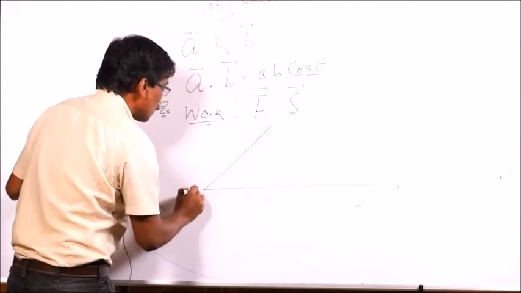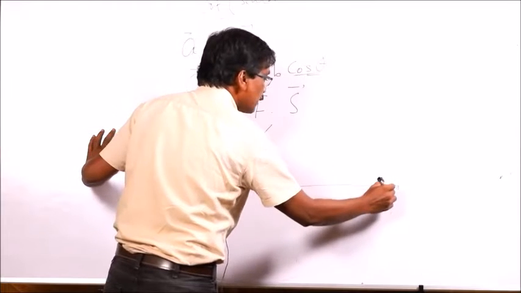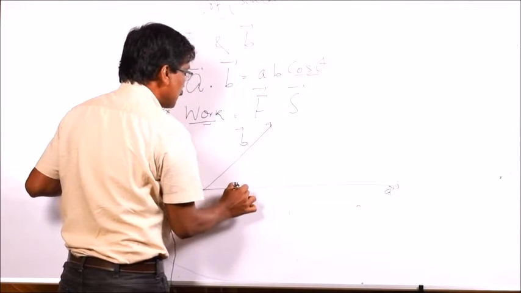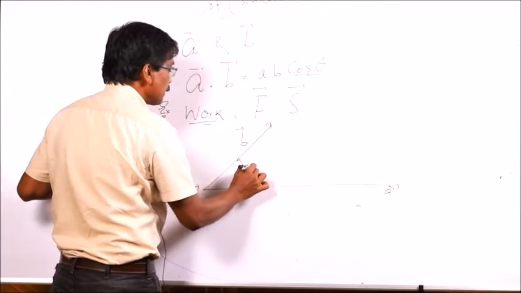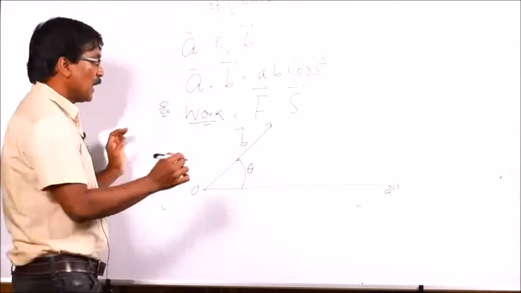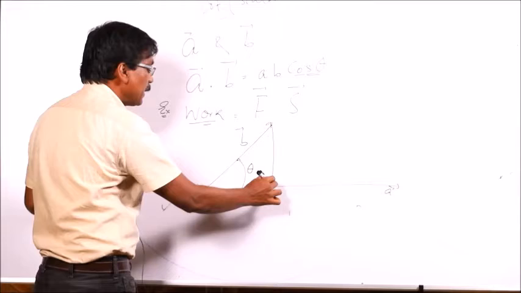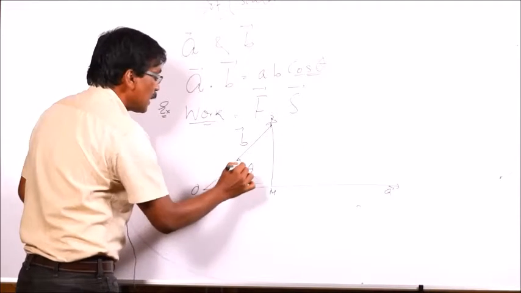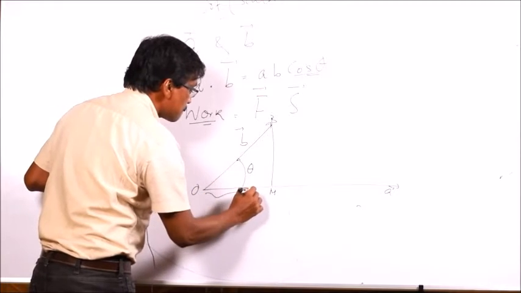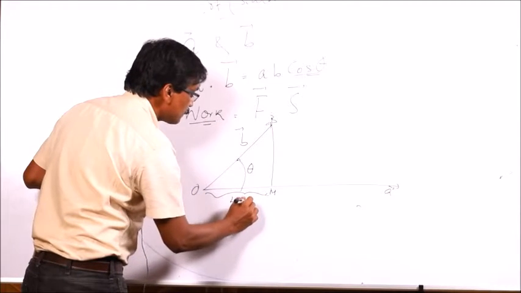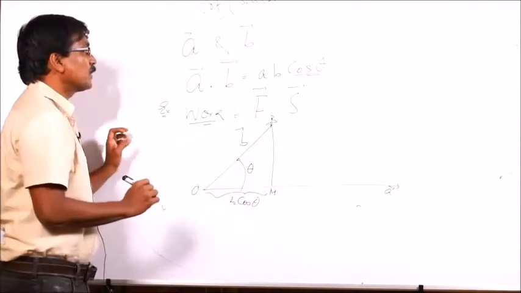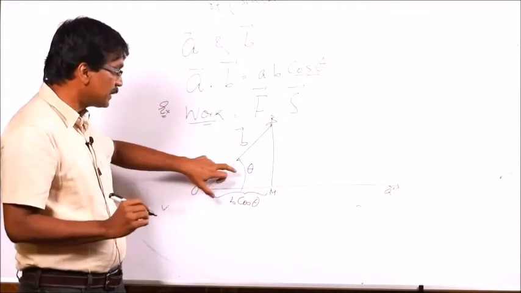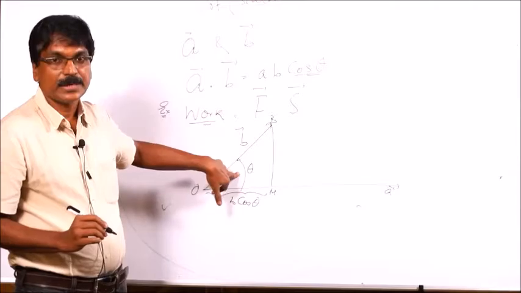Suppose O, this is A vector, this is B vector, and the angle between A and B is theta. If we drop a perpendicular, that is BM, this quantity is B cos theta. So A dot B is equal to AB cos theta, where theta is the angle between A vector and B vector.